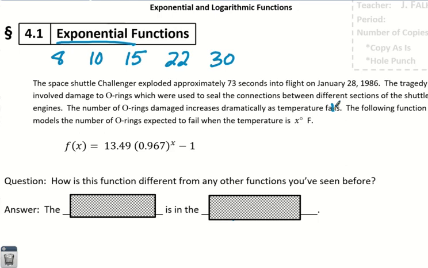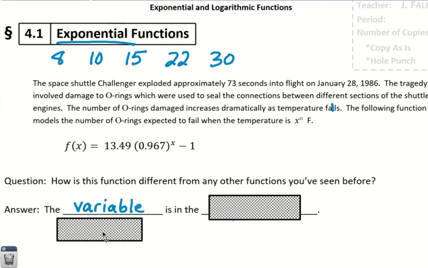And here is a function, an equation that represents a function. So this equation represents that relationship where x is the degrees. So the temperature is x, and all this would equal f of x, which is the number of O-rings expected to fail. And quick question, do you notice anything about this equation, this function, that's different from any other functions you've seen before?